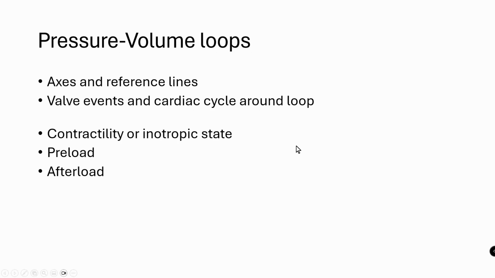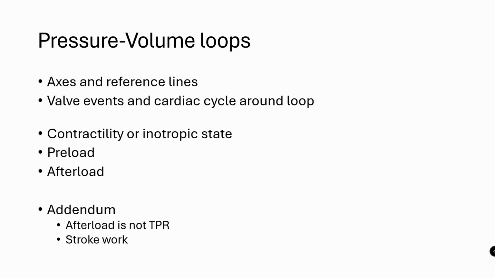And then afterload, which is the pressure that is being developed during ejection by the left ventricular muscle. And so with each of these three things, we can pretty much identify the functional state of the heart. And that's why pressure volume loops are going to be so interesting for us.